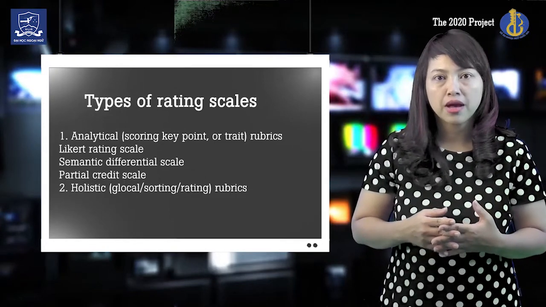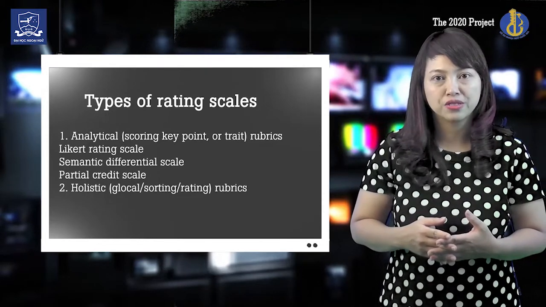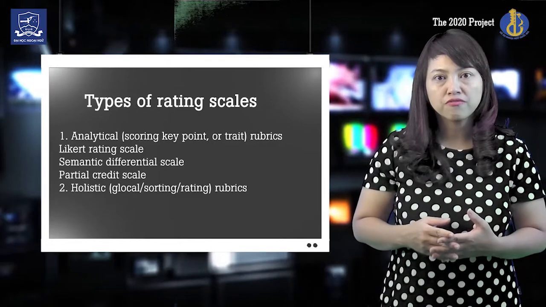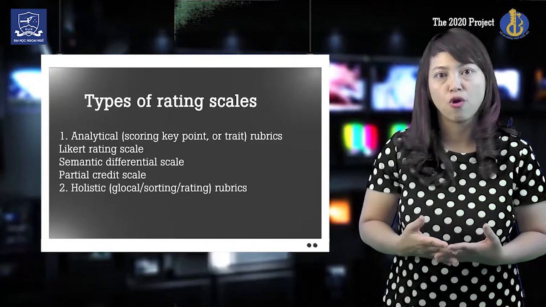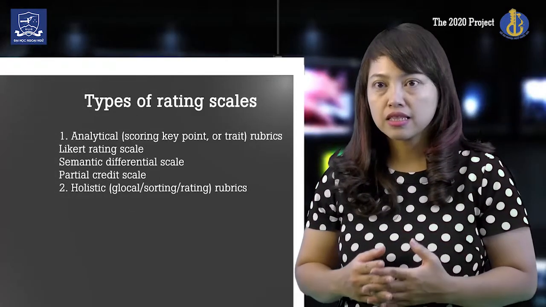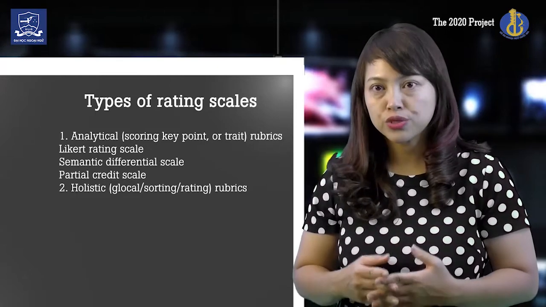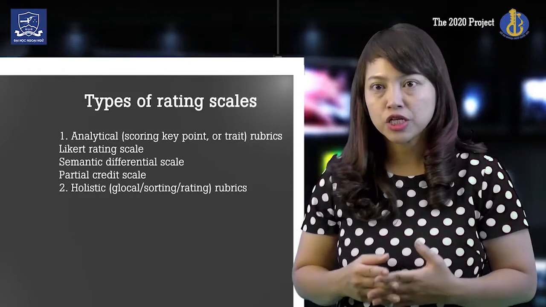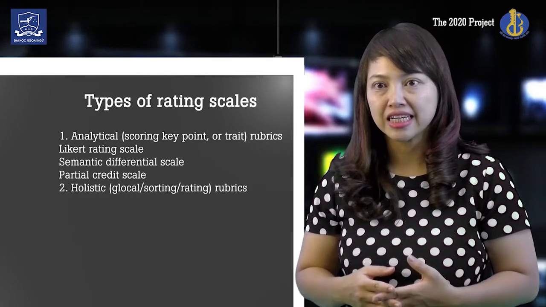Three types of analytical scales are, firstly, the Likert scales, which have numerical levels, possibly 4 levels named 1, 2, 3, and 4. Secondly, the semantic differential scale with the use of words to clarify the difference between student performances, such as poor, average, good, excellent.